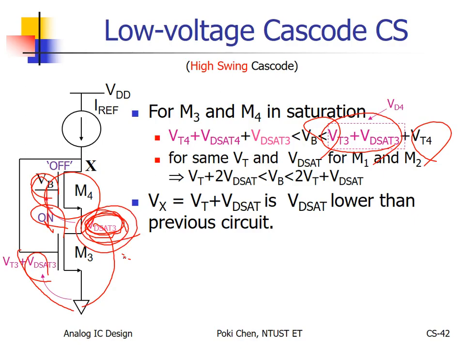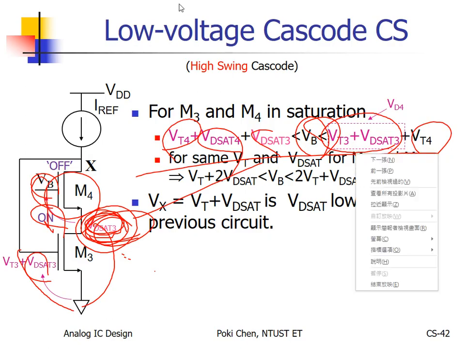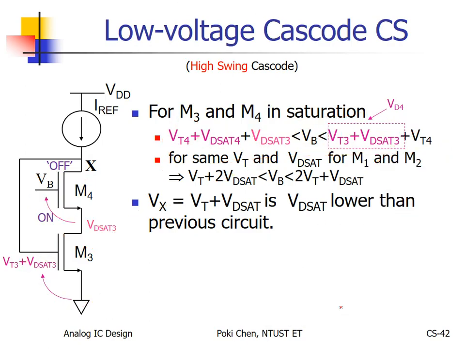That's it. I need to be 1 VT, my own delta V, higher than that. So that is the main limitation for you: the upper limit and the lower limit.